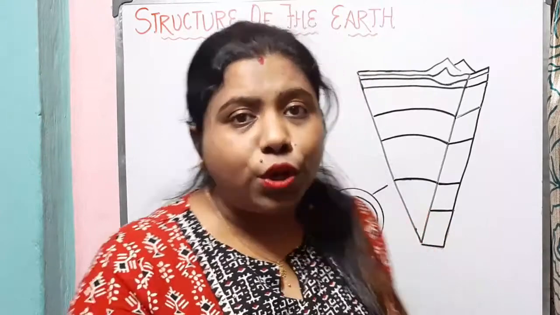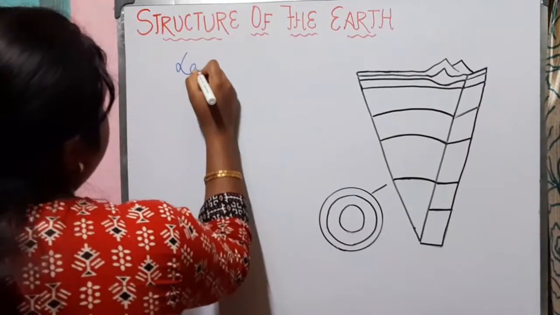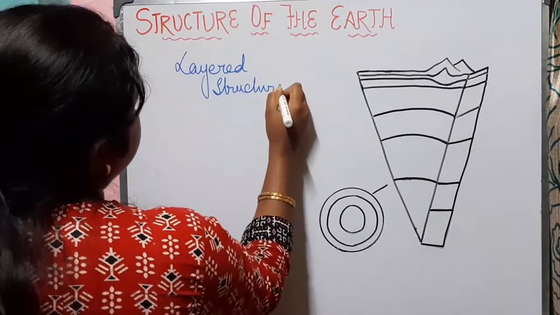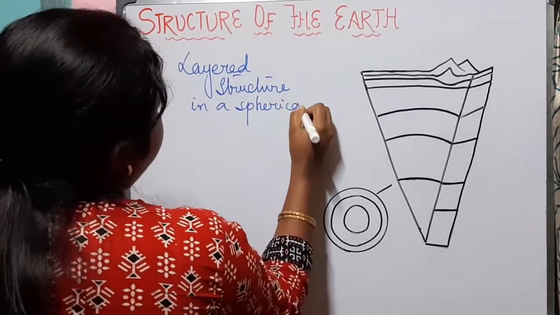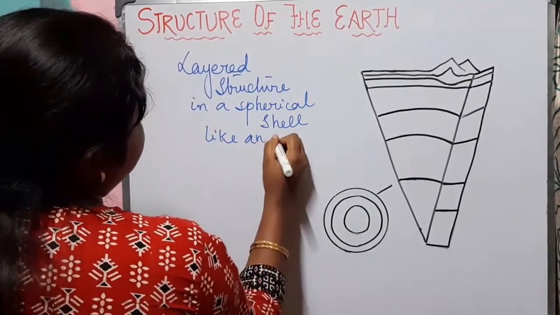In this chapter, we have discussed that there are some direct and indirect sources which provide us information about the interior of the earth. With the help of the information obtained from direct and indirect sources, we can conclude that the structure of the earth is layered. It is a layered structure in a spherical shell like an onion.